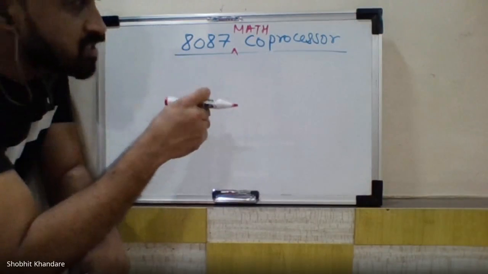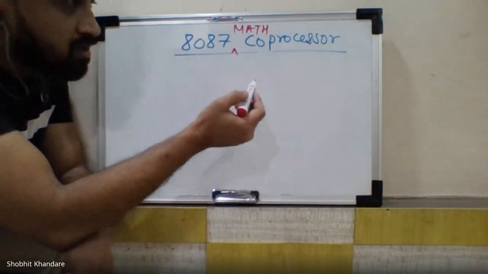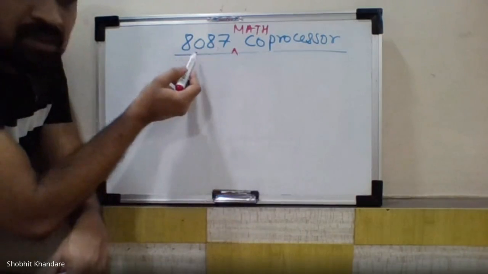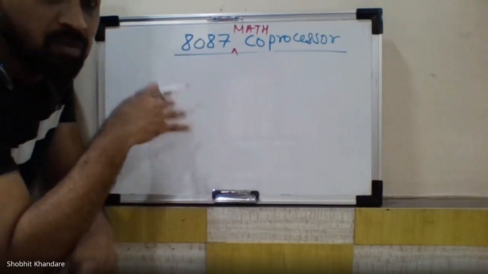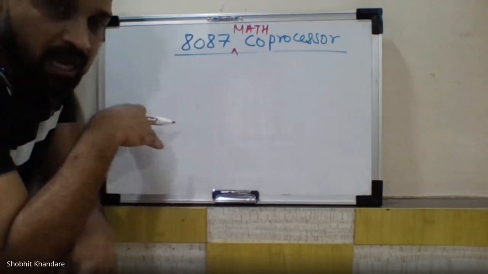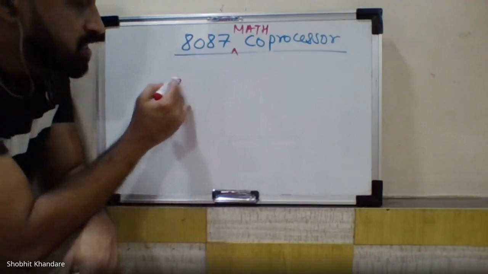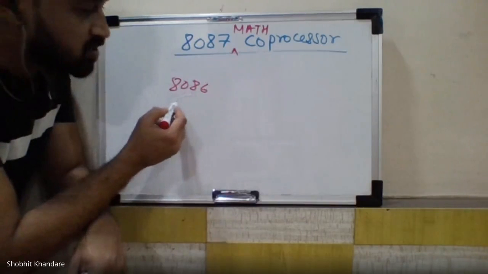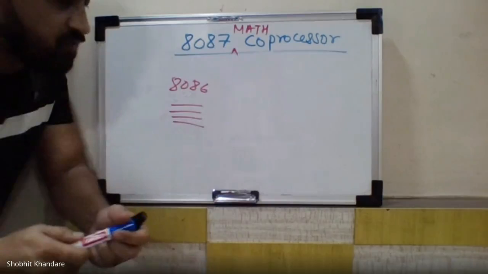The instructions which are associated with 8087 will be performed by 8087, and the instructions which are associated with 8086 will be performed by 8086. While executing, suppose 8086 is performing instructions 1, 2, 3, 4, and in between there is an instruction of 8087.